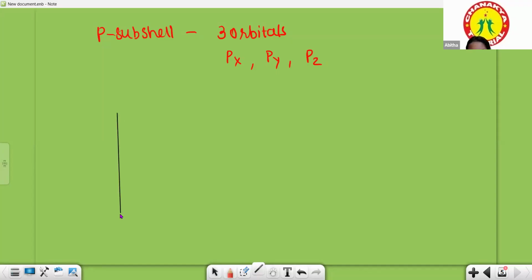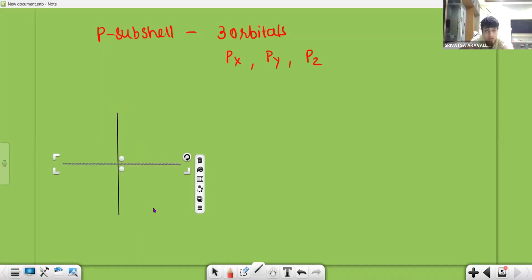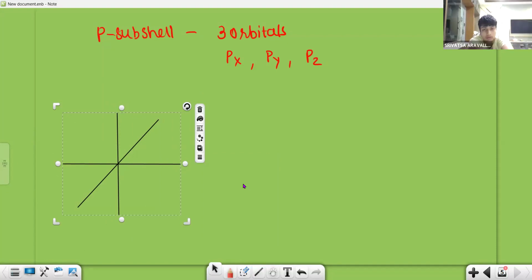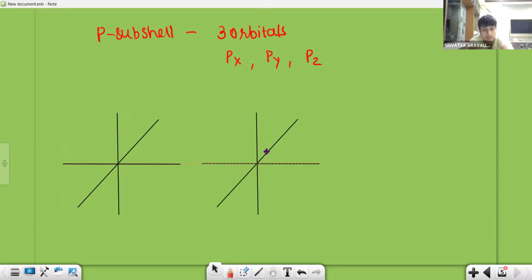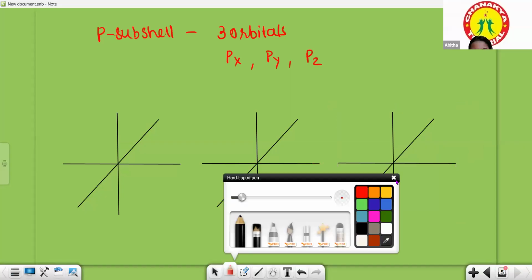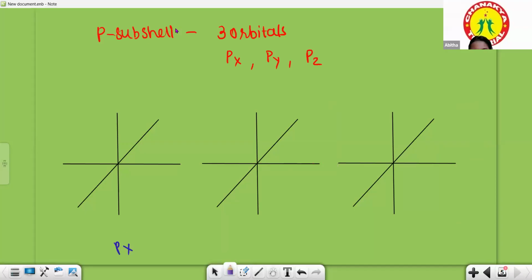So what do x, y, z mean? Let me draw for you. The shapes are also very important, Srivatsa. What does Px mean? It indicates the shape of the P subshell, which is dumbbell.